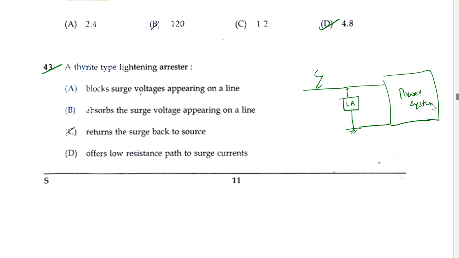What the lightning arrestor will do is take the surge and allow a low resistance path to the ground, and it will allow normal power frequency signals to the power system. That means it offers a low resistance path to the surge currents. So answer D is the right answer for this question here.